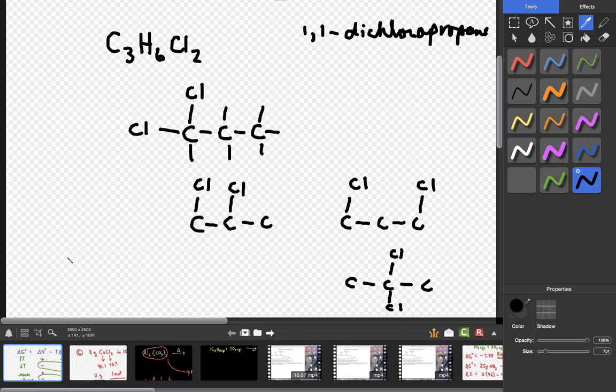So if you're thinking of this one, this is the same as this one, if I turn the molecule around and number the other way. So I could number this way, or I could number this way. So I see 1, 2, 3, 4 possibilities. This is a repeat. That is going to be answer choice D.